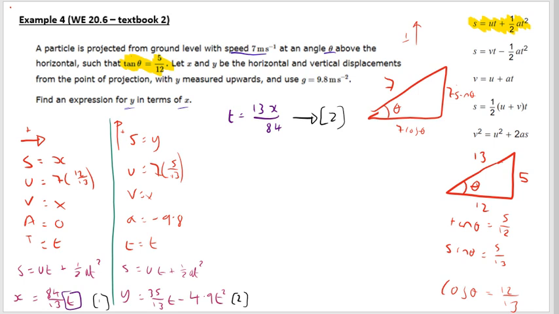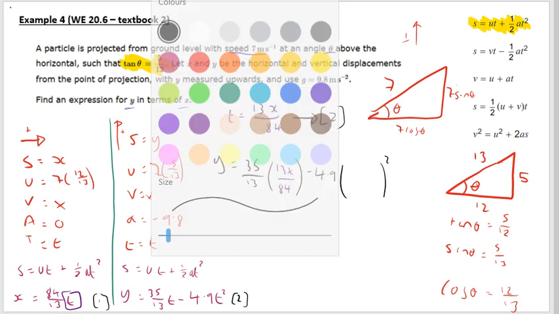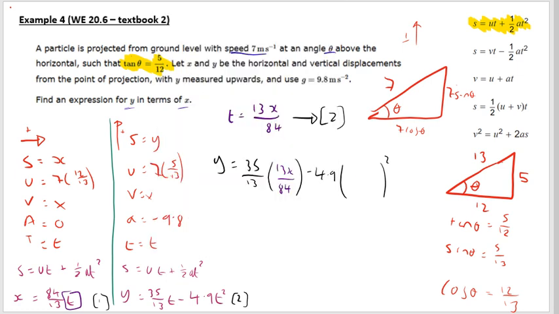Okay? So I'm going to have y equals 35 over 13 lots of 13x over 84, take away 4.9 brackets squared of the same term.